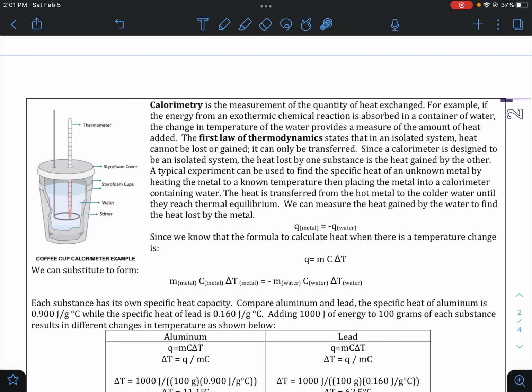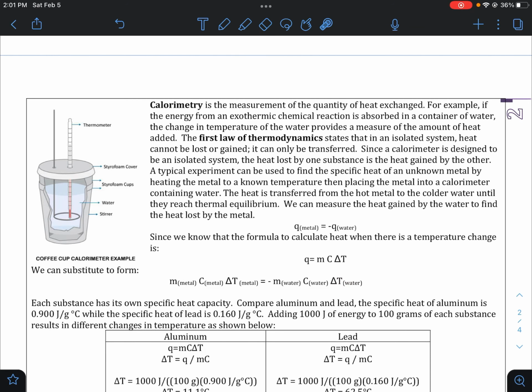So M of the metal, which is the mass of the metal, the specific heat capacity of the metal, and the change of the temperature of the metal, is equal to, again, the Q, or the heat of the water. But what's going to be different here is that you're going to have a different mass, because the mass of the water is not going to be the same as the metal. You're going to have a different specific heat capacity, because again, the word specific means per the thing that you're looking at.